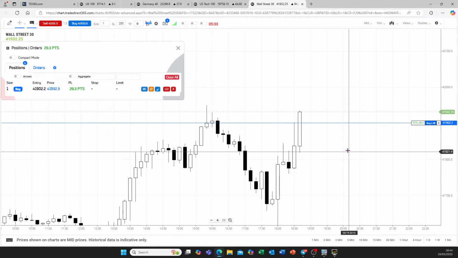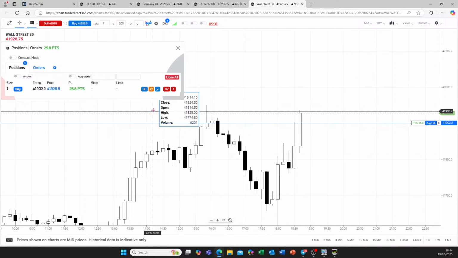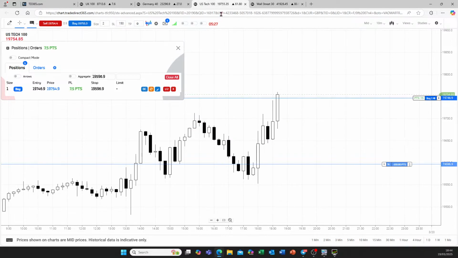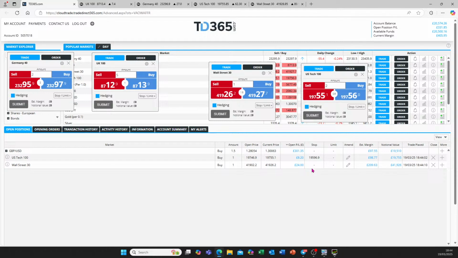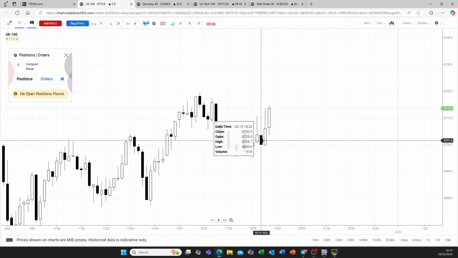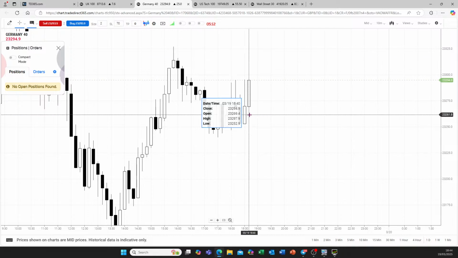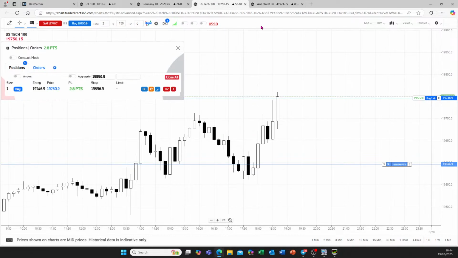If you have a reasonable profit, say 30 odd points, move stop loss to break even if you want. I'll leave that up to you. So that's the school run in motion. Show you how it's triggered in the FTSE as well. And it's triggered in the DAX as well.